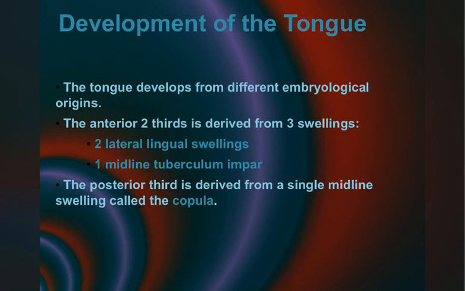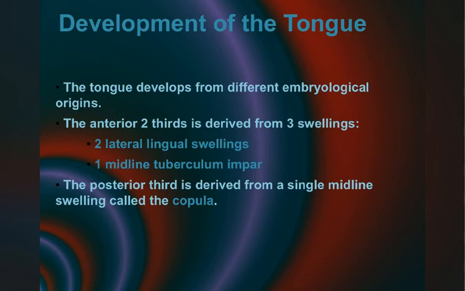So the general sensation of the anterior two-thirds of the tongue should be supplied by the trigeminal nerve, because general sensation is the main sensation, and the anterior two-thirds is mainly derived from the first pharyngeal arch, and the nerve of the first pharyngeal arch is the trigeminal nerve.